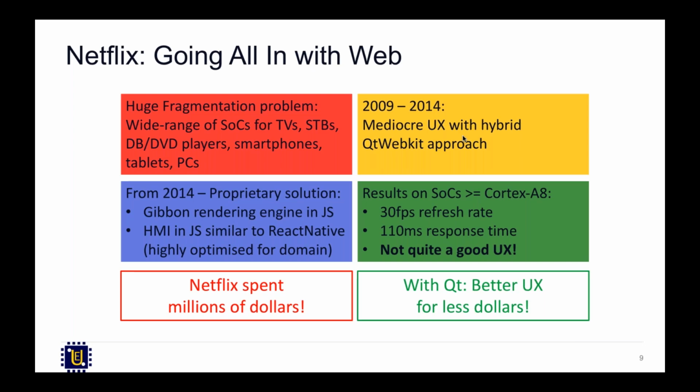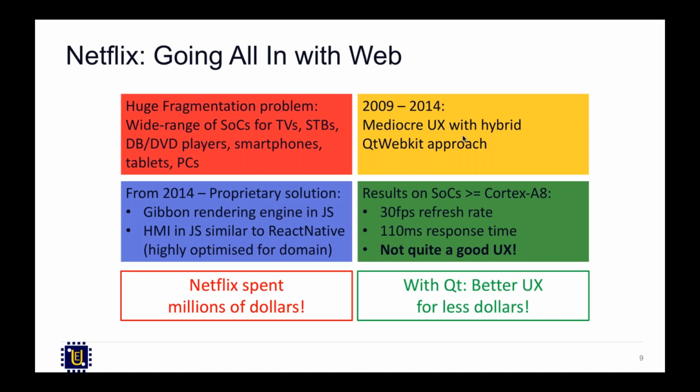Just think, the Netflix app must run on a huge range of SOCs, like TVs, set-top boxes, Blu-ray players, and DVD players, smartphones, tablets, PCs. So that's a very wide range.